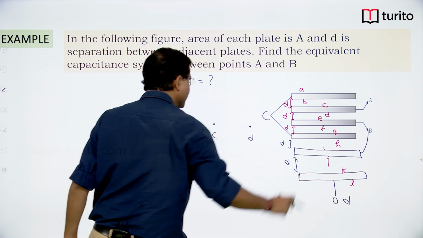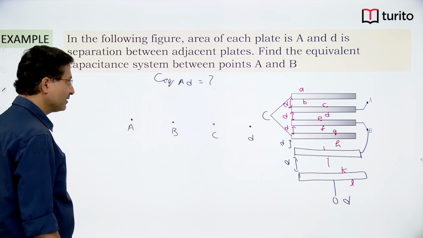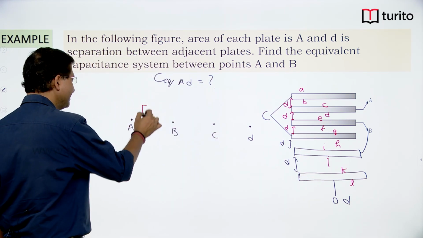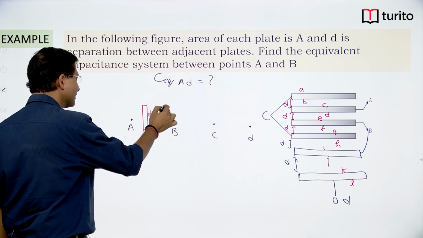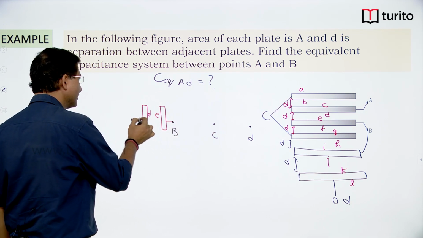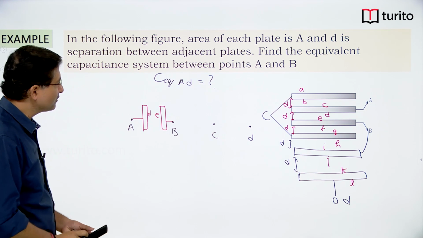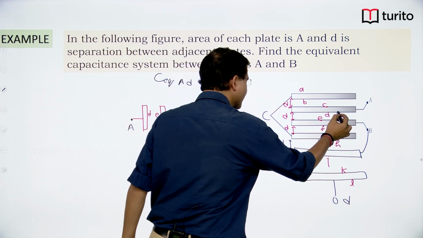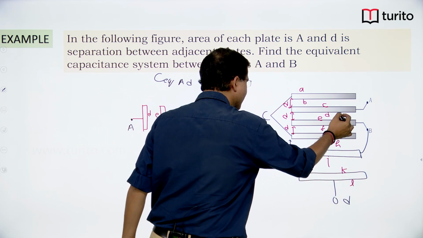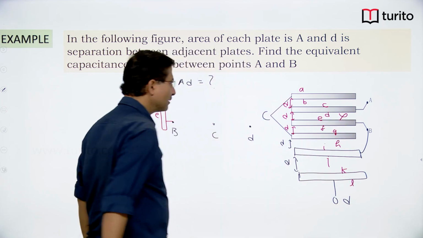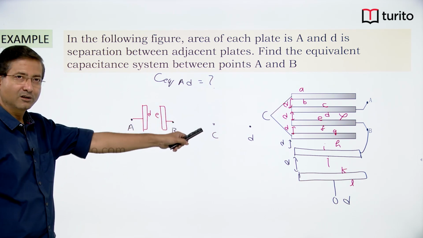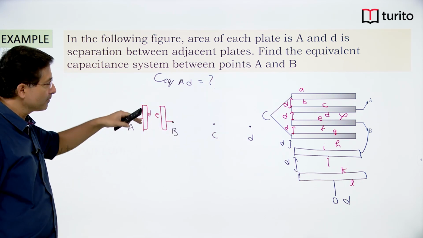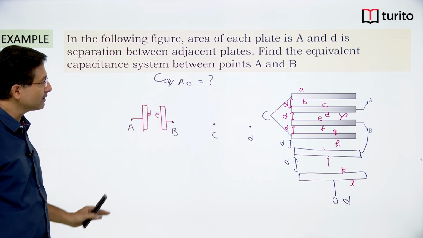A's D is facing B's E. A's D is facing the surface E which is connected to B. So this one is over. As there are so many spaces, I have to mark each and every surface or every gap once I have drawn it here.